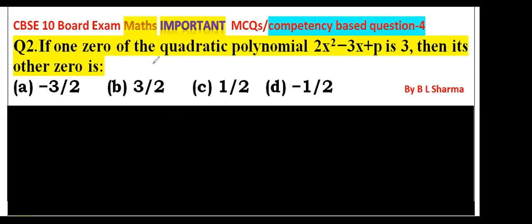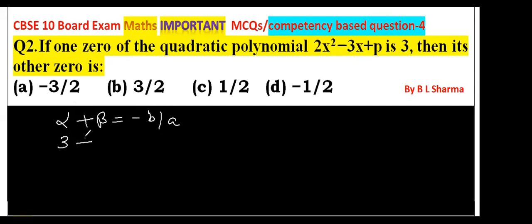If one zero of the quadratic polynomial 2x square minus 3x plus P is 3, then what is its other zero? We know that the sum of zeros, if one zero is alpha and the second zero is beta, is given by minus b upon a, meaning negative of the coefficient of x upon the coefficient of x square.